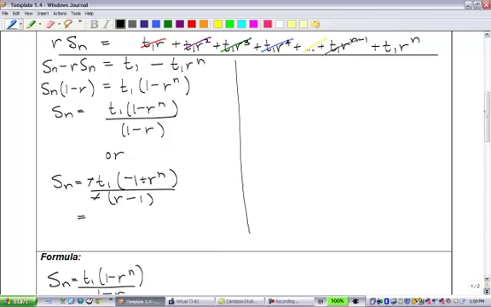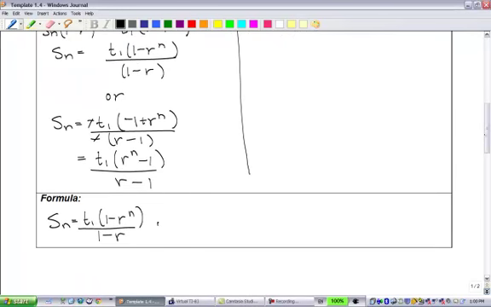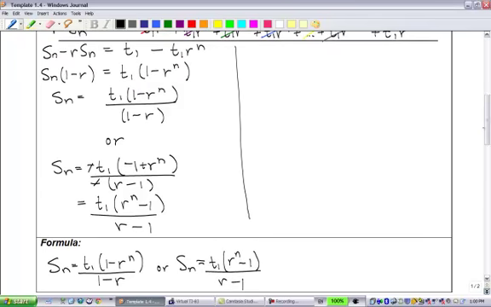The negatives cancel and we're left with T1, and let me just reorder a bit, (r to the n minus 1) over (r minus 1). So again, that's another version of the exact same formula, and this one you may not really want to bother remembering. It's only maybe useful sometimes when the common ratio is a certain type of number, and we'll talk about that later.